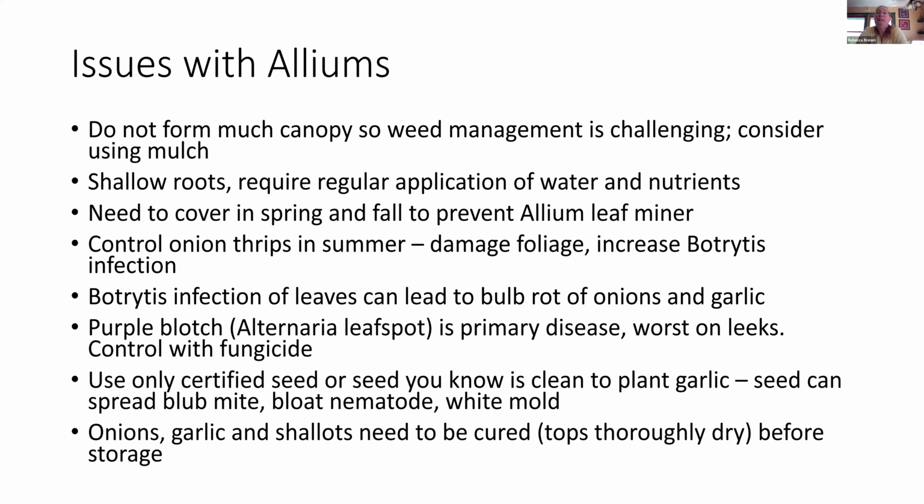If you're using plastic mulch with onions, you do want to pay attention to the variety, because some varieties will form their bulbs under the mulch. Others will form their bulbs on top of the mulch. You want your onions to bulb on top of the mulch, because bulbs that are under the mulch in that really warm, humid environment are much more likely to rot.